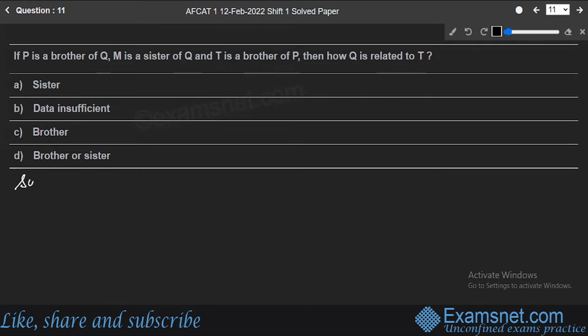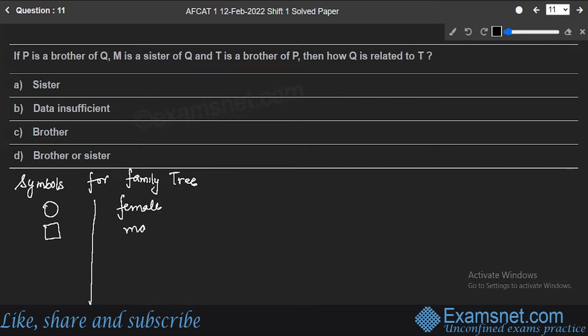I'll be using certain symbols for this family tree. So let's make the symbols. A circle represents a female, square represents a male.